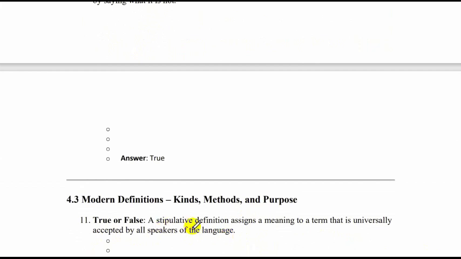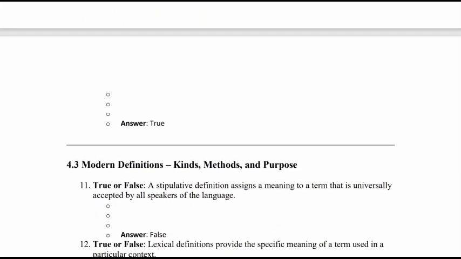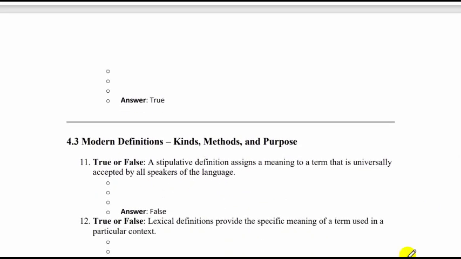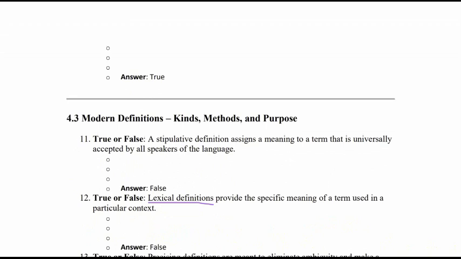A stipulative definition basically points to an object and says that this is a dog. So this is false. A lexical definition provides a specific meaning of a term used in particular contexts. No, this is also false because a lexical definition is used in common everyday language.